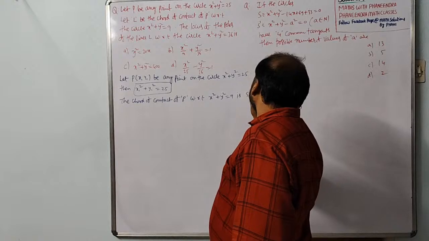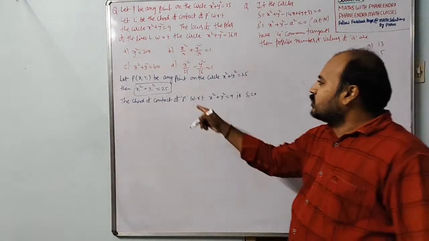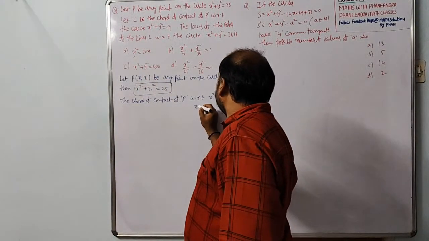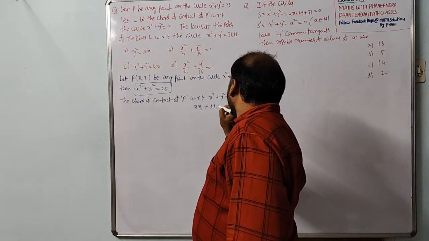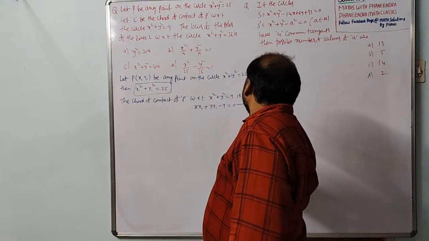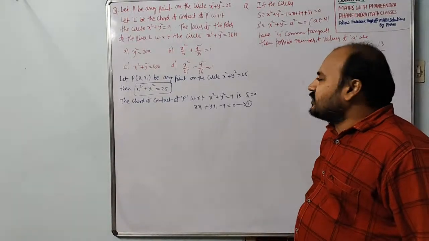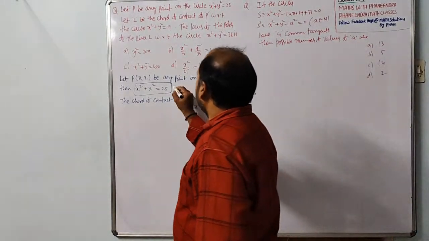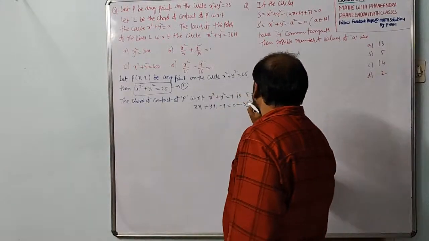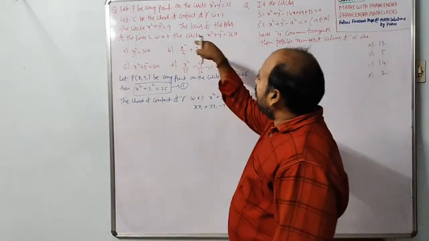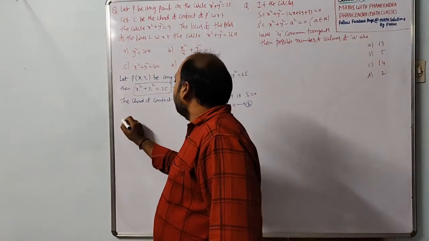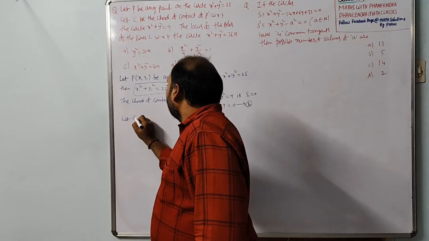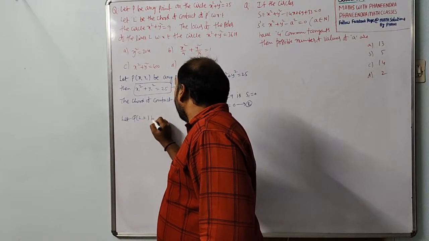That is S1 equal to 0 only, chord of contact. So xx1 plus yy1 minus 9 equal to 0. Keep it as equation number 1. Otherwise, keep it. This is equation number 1. This is equation number 2. Next, pole they are asking. Now, locus of poles. Let Q of h comma k be the pole.